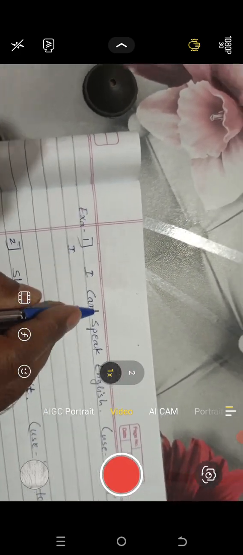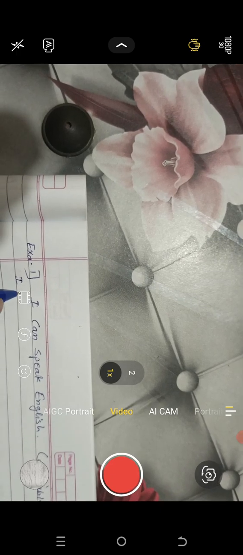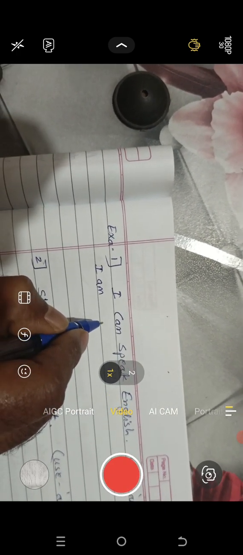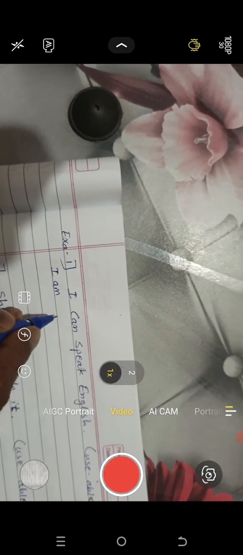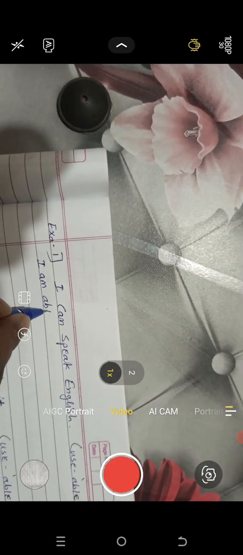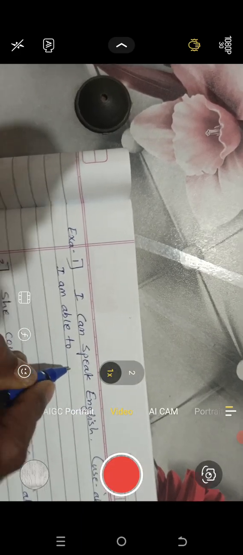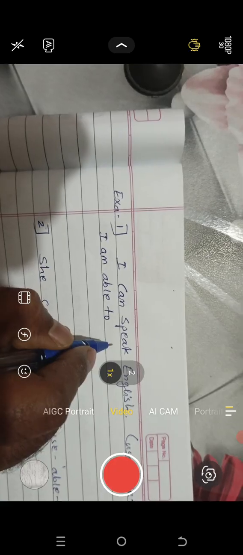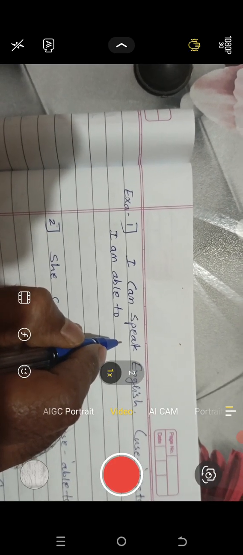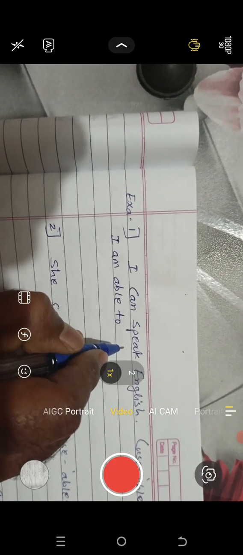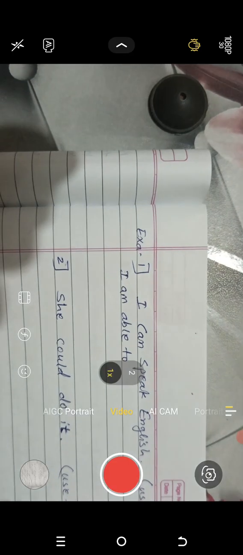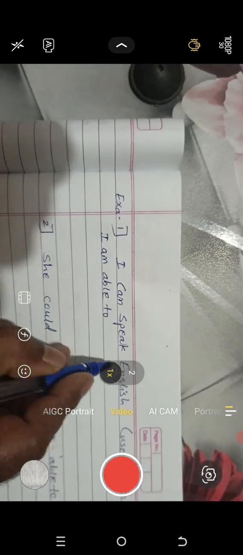So here I write am, and then we use able to. I am able to, then we write the remaining part of the sentence as it is, speak English. I am able to speak English. This is the answer of this sentence.